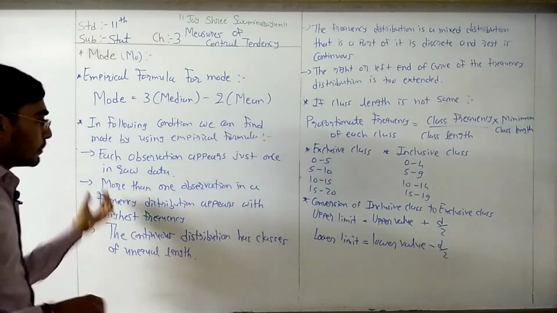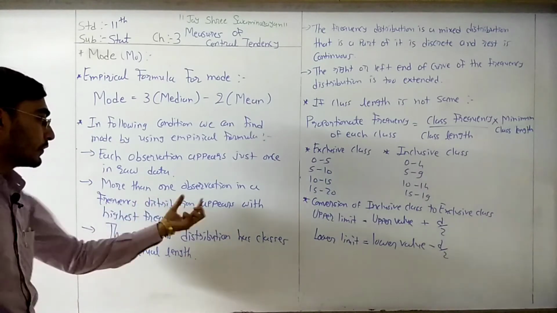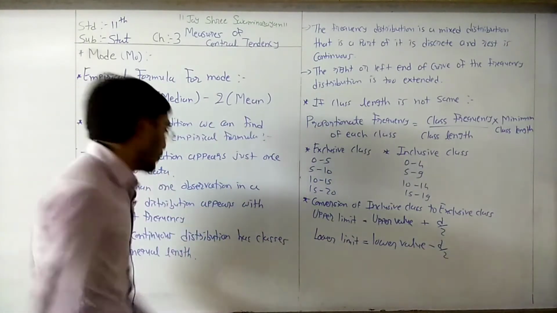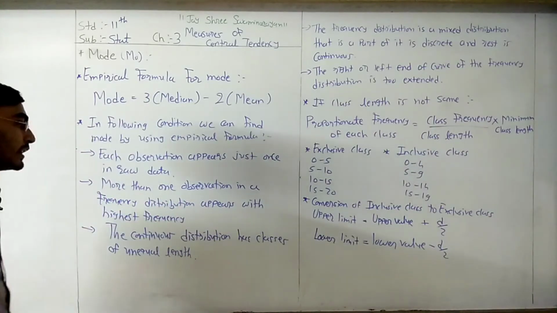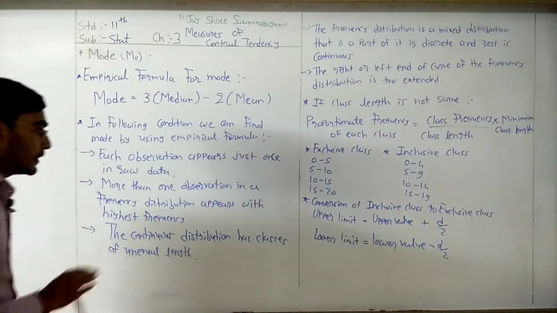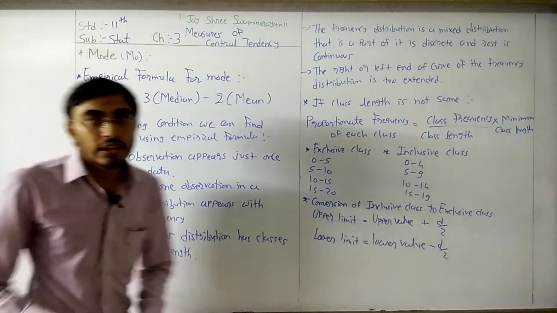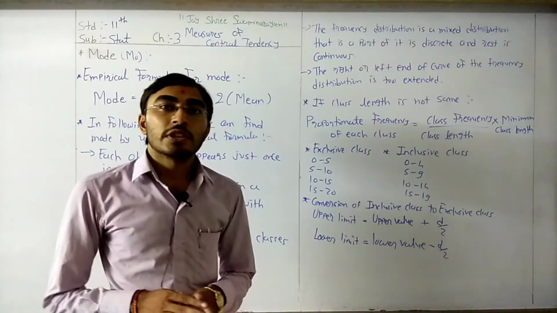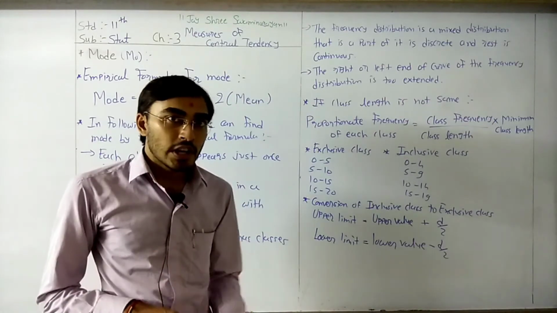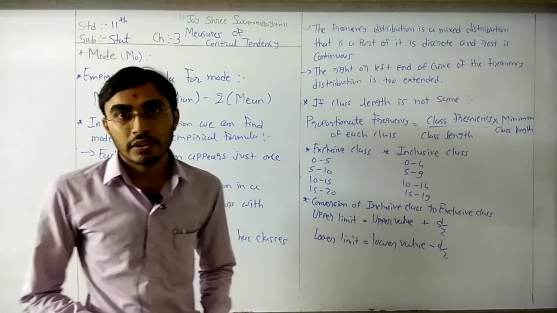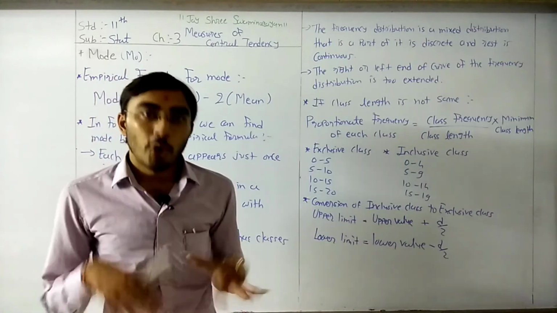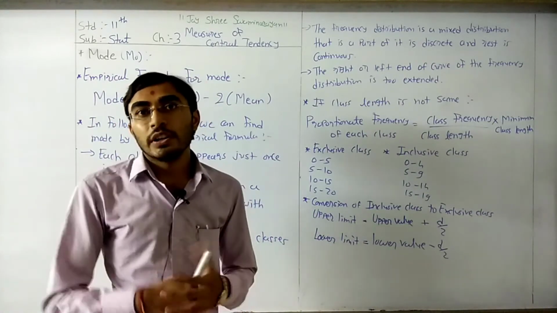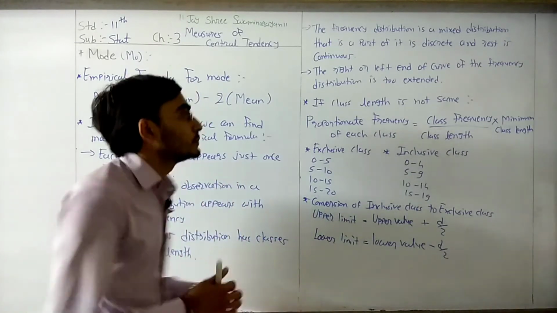The second condition: more than one observation in a frequency distribution appears with the highest frequency. For discrete and for continuous data, we just need to find the number which has the highest frequency. But if more than one number has the same highest frequency, how can we know the answer for the mode?